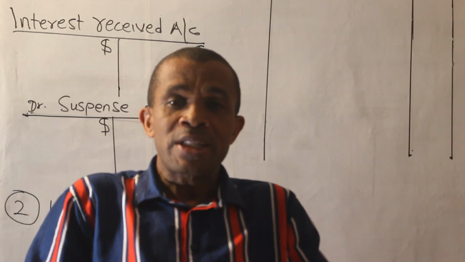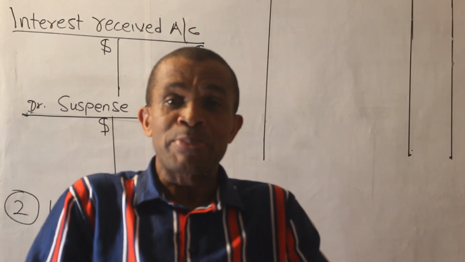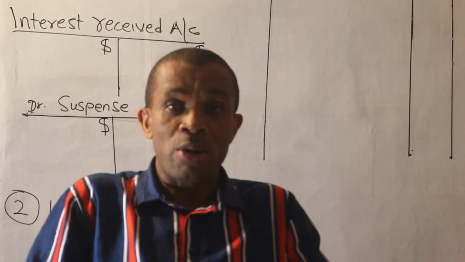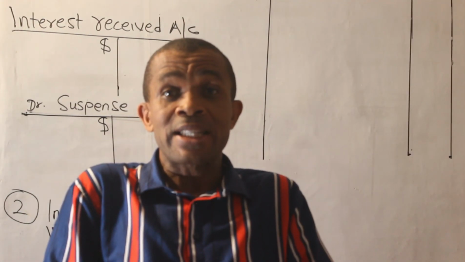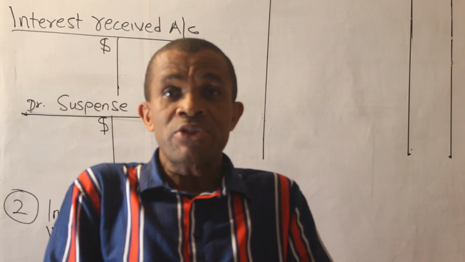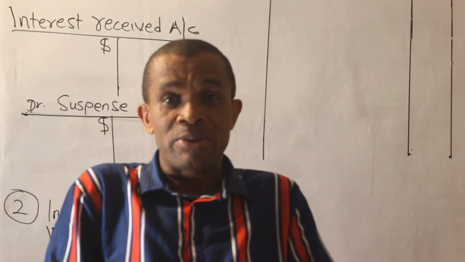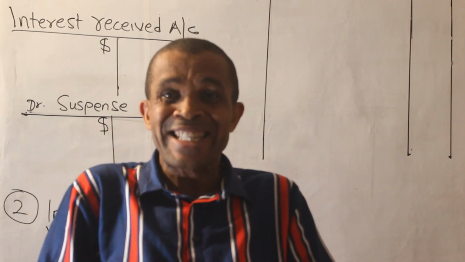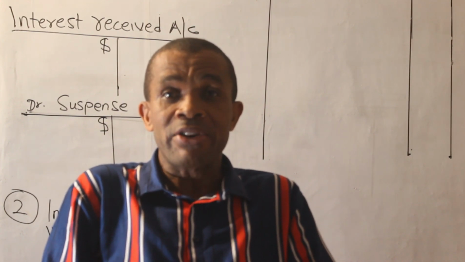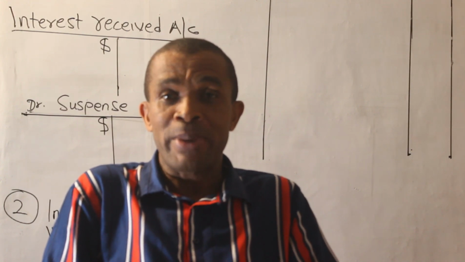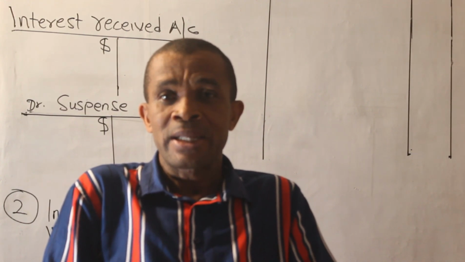The question reads that interest received account has been undercasted by $428. So the first thing we ask ourselves is this: interest received account, is it a credit account or a debit account? The simple answer is that it is a credit account. That is, it usually has a credit balance.